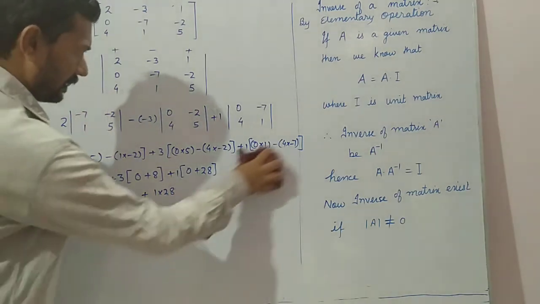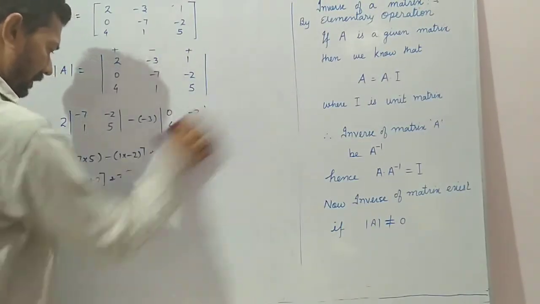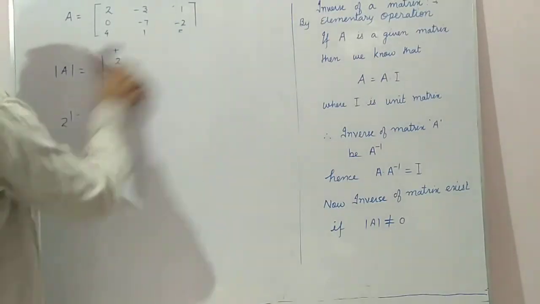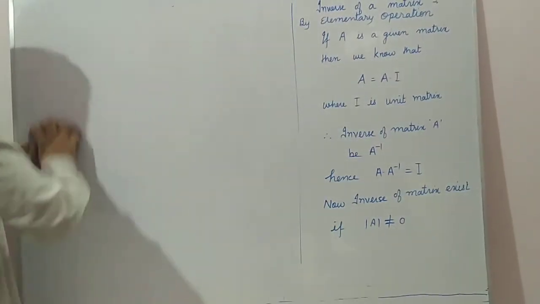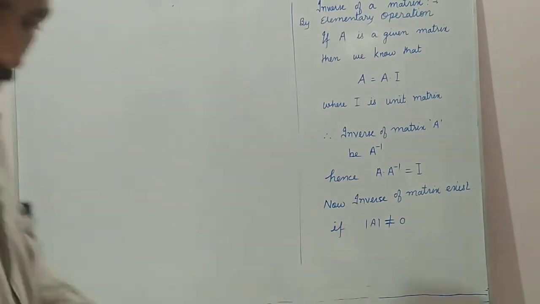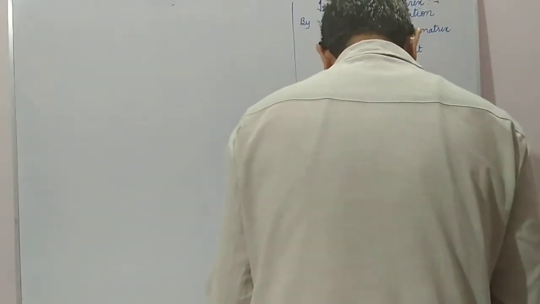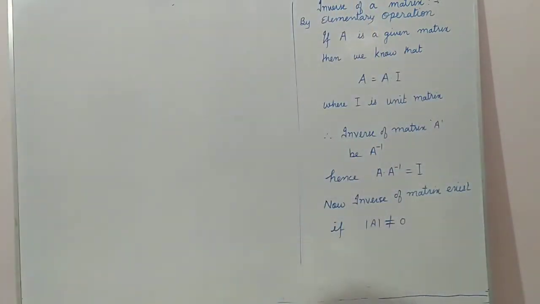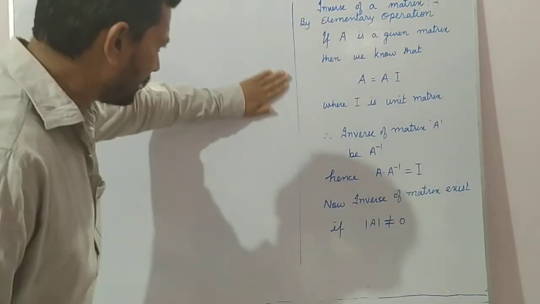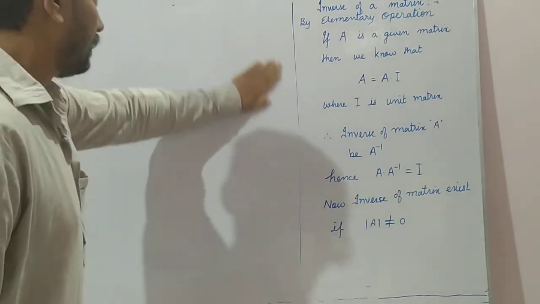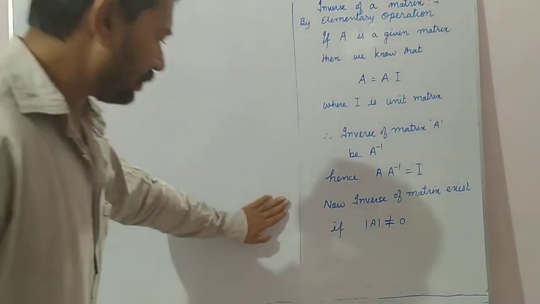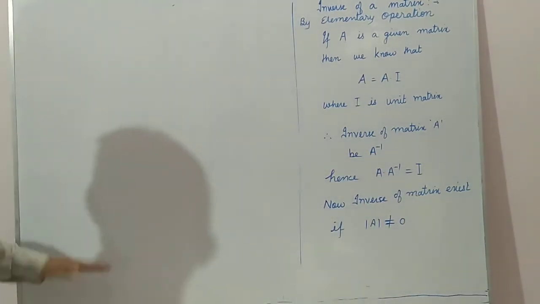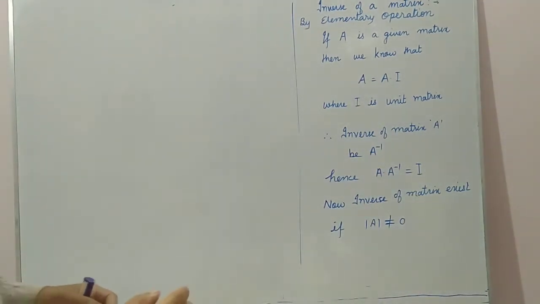In the question it is given, let me check the book, that we have to find the inverse of the matrix using elementary row operation. Elementary operations means what? We will determine the inverse of the matrix using elementary operation of rows or columns.